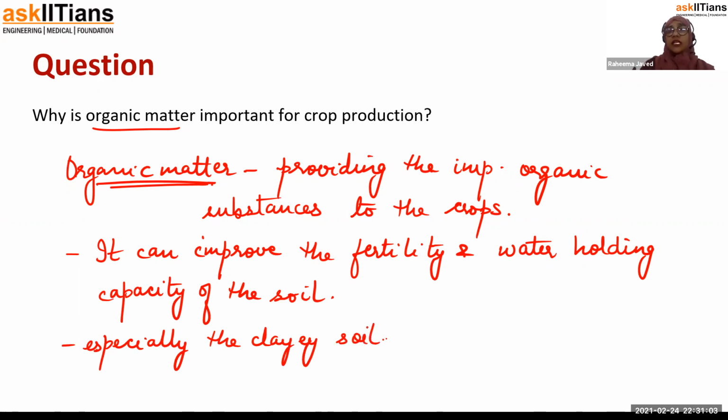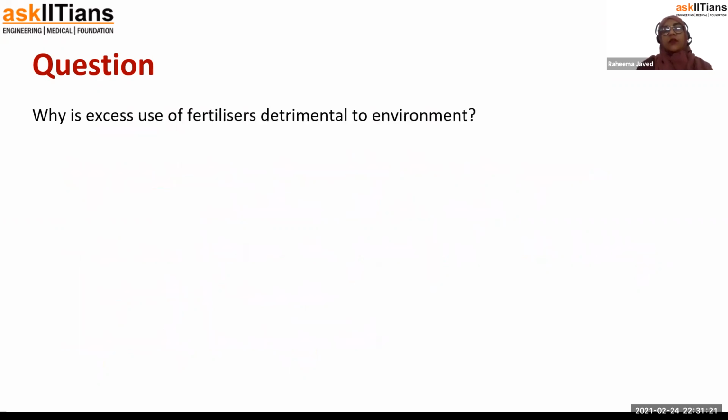Mixing organic matter in clayey soil is very advantageous, because I already have told you that clayey soil gets waterlogged very easily. So if you mix organic matter into it, the water holding capacity of the clayey soil will improve. That will reduce the waterlogging of this soil.